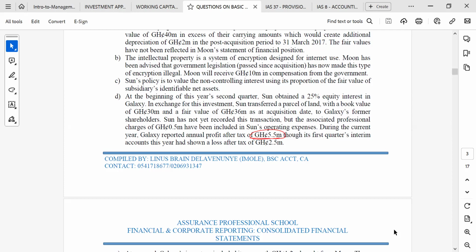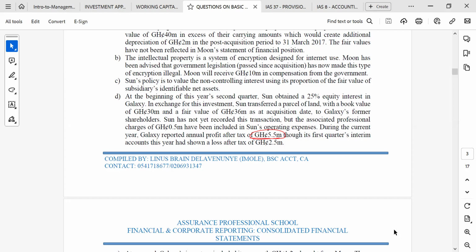Forget about that one. Look at the question itself. During the current year, Galaxy reported annual profit after tax of 5.5 million. That will be 12 months, for the whole year, isn't it?